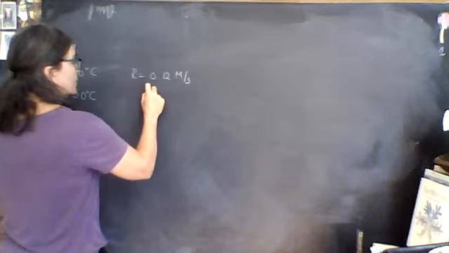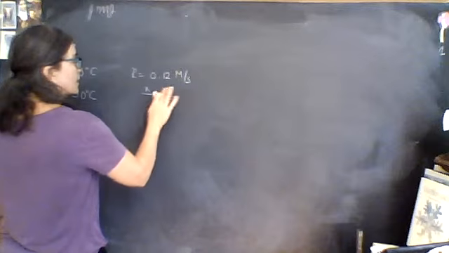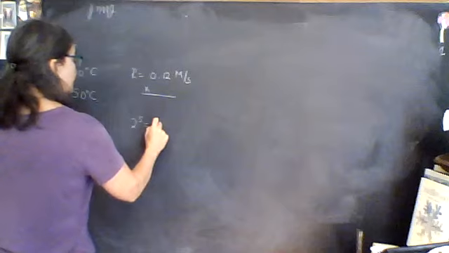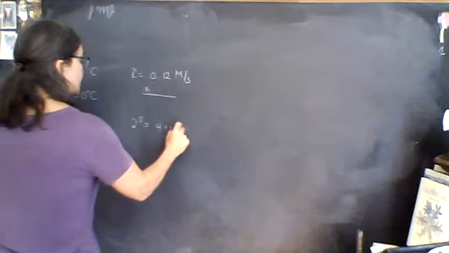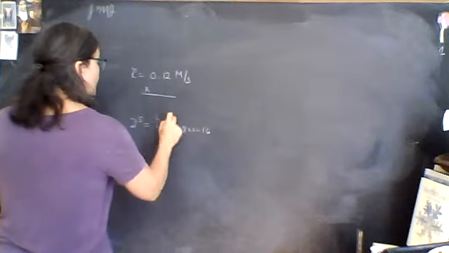So how can we do this? 0.12 times 2 to the 5th. That's right. So 2 to the 5th is, let's see, 2 times 2 is 4, times 2 is 8, 16, 32.